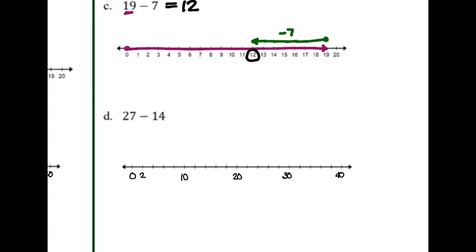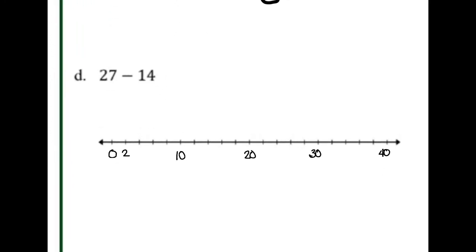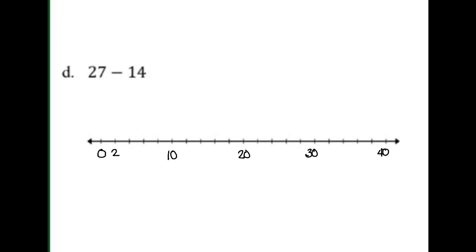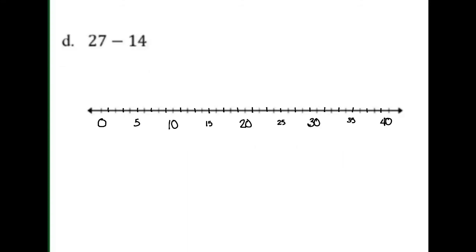Let's do this last one now. I'm going to mark it a little bit differently because we have an odd number and I don't want it to be as irritating as that last one was. I'm sorry they keep changing sizes on you, but this will make it better, I think. The first one is going to be 27. So we start at 0, and if this is 25, we want 26, 27.